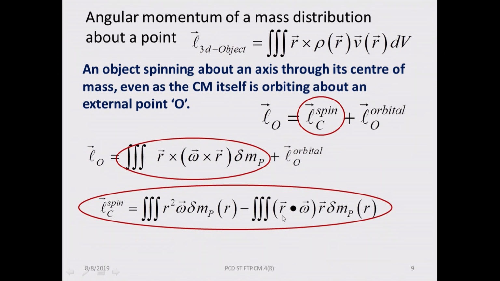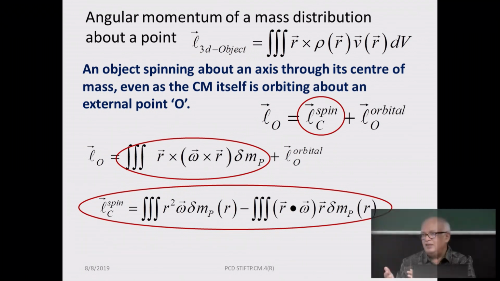But the second term has got an integral over this, which means that the angular momentum and the angular velocity need not always be collinear. They may not be parallel to each other. And this is an idea that we have to be really comfortable with, that we normally assume that the angular momentum and the angular velocity have got the same direction. It is obviously not so.